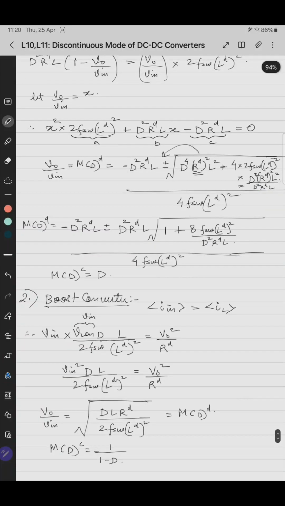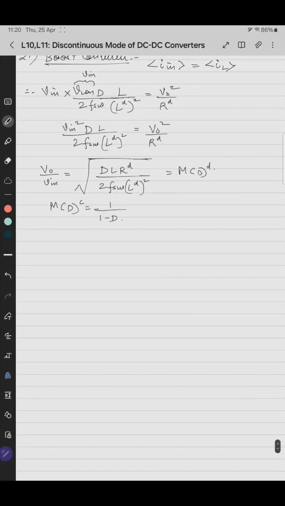But a boost converter cannot operate at no load because it violates the amp second balance principle. In any case, we have to put some minimum load at the output of the boost converter or any boost derived converter, which we have already derived in the previous lectures.